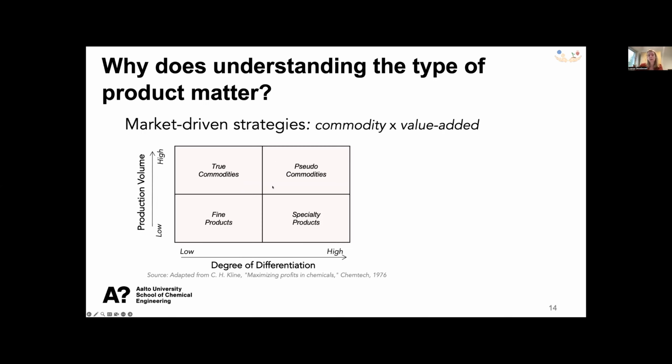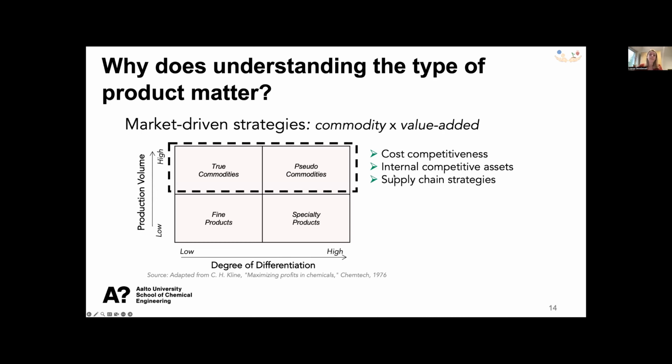But pulp, like kraft pulp, market pulp, is to most extent considered a true commodity, with very, very large volume. Then fine products have a lower volume, but they're not very highly differentiated, and we're going to see examples later on. And then the specialty products are those made specifically for that end consumer, very much differentiated and in a very small volume. And each one of these has different strategies.